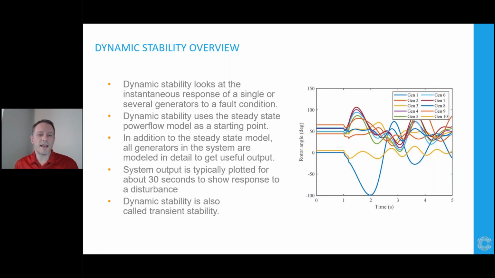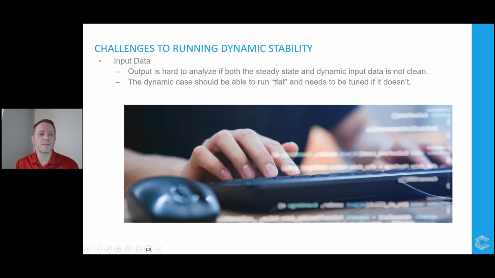It uses the steady state power flow for the start of its data, but it also needs much more detailed data on how the generator responds to short time period events. It's also called transient stability, and there's a couple of other names for it. I will try to call it dynamic stability just to keep the confusion down.